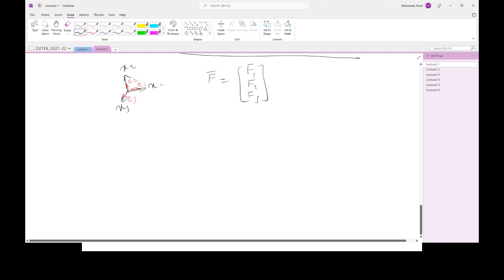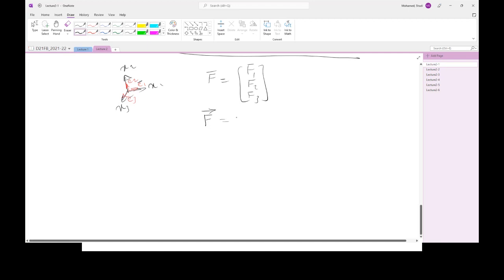The basis vectors are small vectors. The vector E1 is a unit vector pointing in the x1 direction. E2 is a unit vector pointing in the x2 direction, and E3 is a unit vector pointing in the x3 direction. So you basically write this vector here. And by the way, I'm using this bar to refer to the fact that this is a vector, all right? Some people would refer to vectors with an arrow. In mathematics, what I'm used to is using a bar.